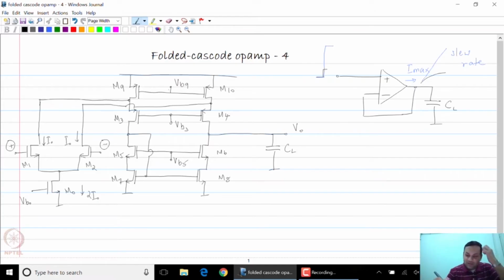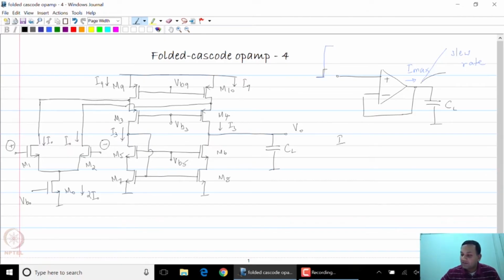Let us assume that the current through M9 and M10 is I9, based on the value of VB9 that I choose. And of course, the bias currents through M3, M5, M7 and M4, M6, M8 are each going to be, let me call that, I3.